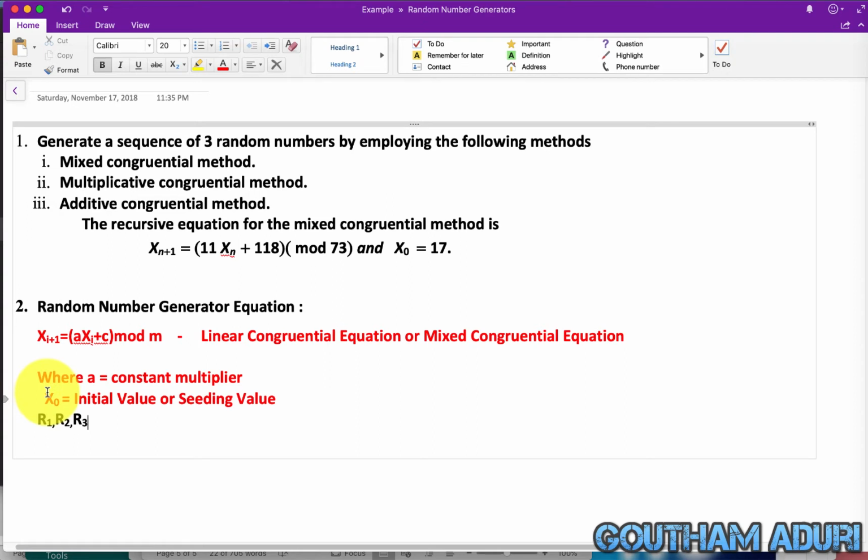So a is called the constant multiplier, X0 is called the initial value or the seeding value, c is called the increment, and Ri is called the random numbers.